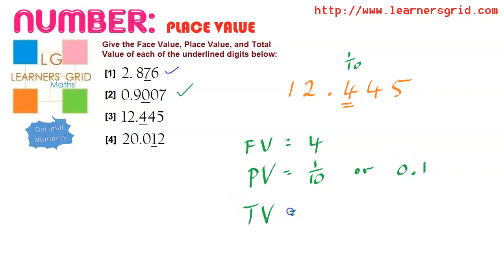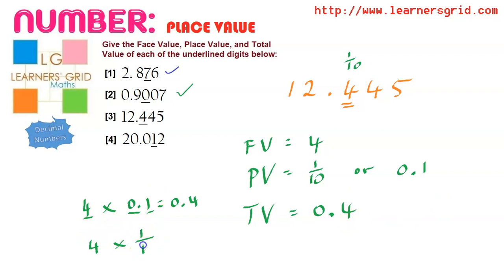And the total value is the face value, which is 4, multiplied by the place value, which is 0.1. And in this case, it'll be 0 point, and then 4 times 1 is 4. So I can have, as a decimal, 0.4, or I can get the answer as a fraction.